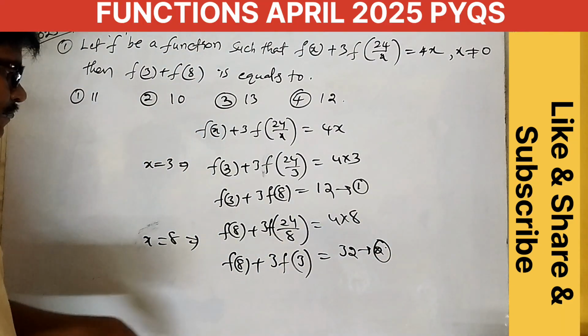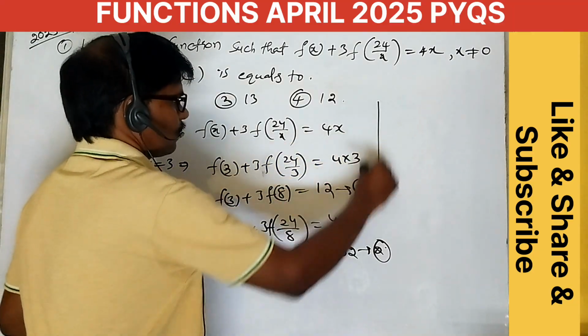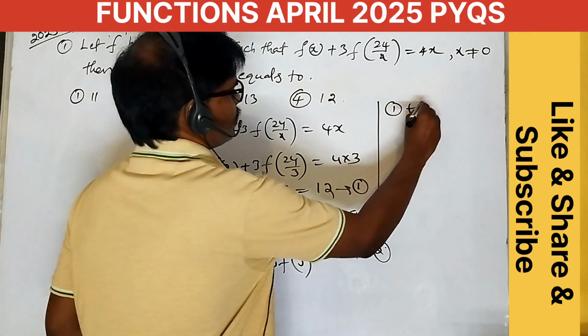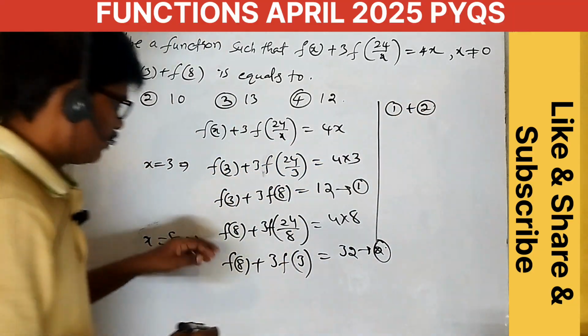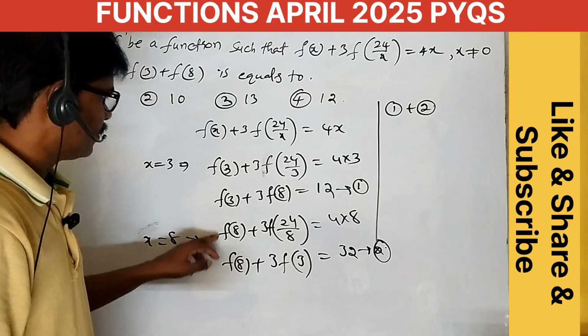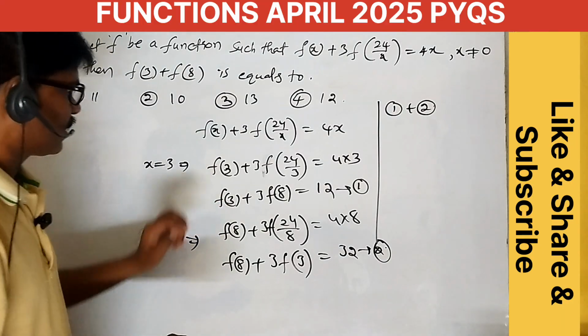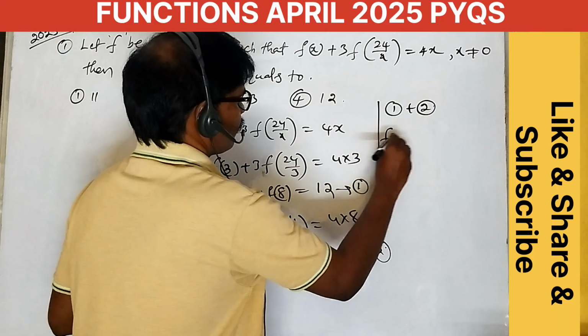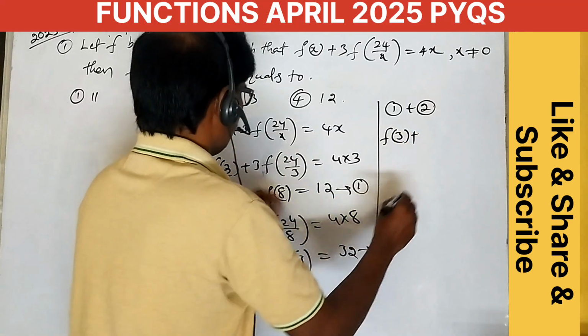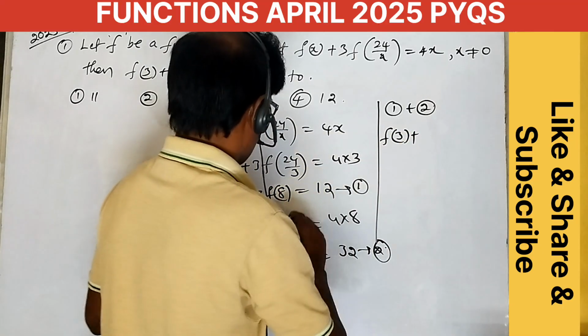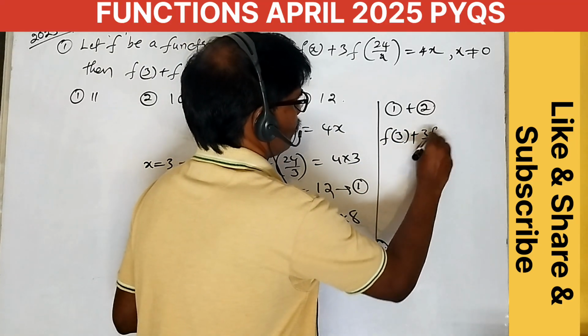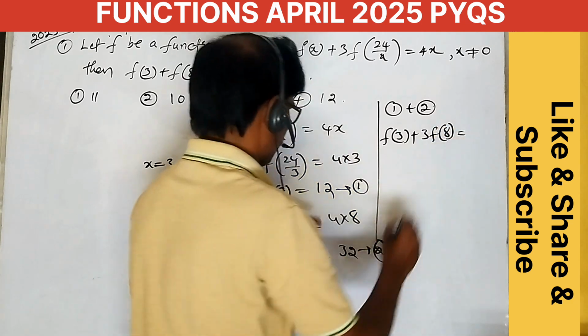Both are added, equation 1 plus equation 2. This is the first equation, f of 3 plus 3 into f of 8 equal to 12.